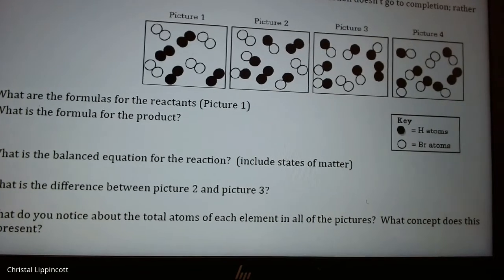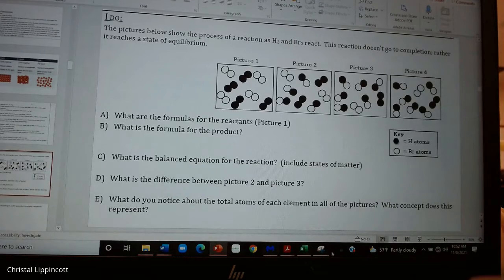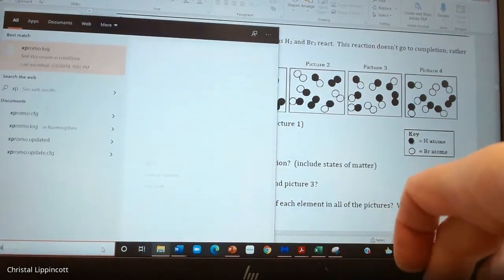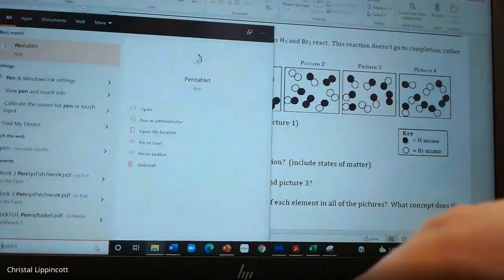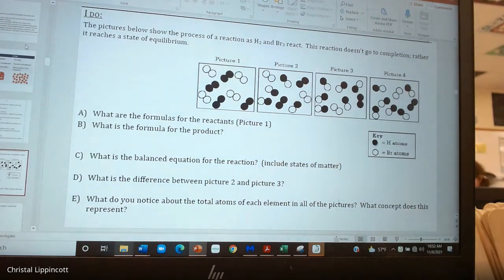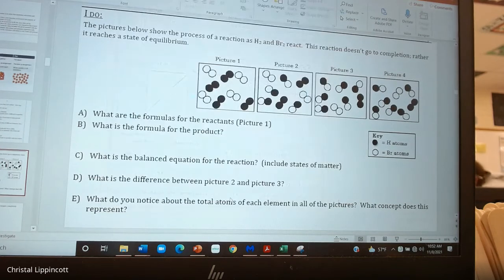And I'm going to try to spend a minute trying to get this pen thing hooked up so that I can properly answer this for you. Oh, there we go. Now it's writing. All right.